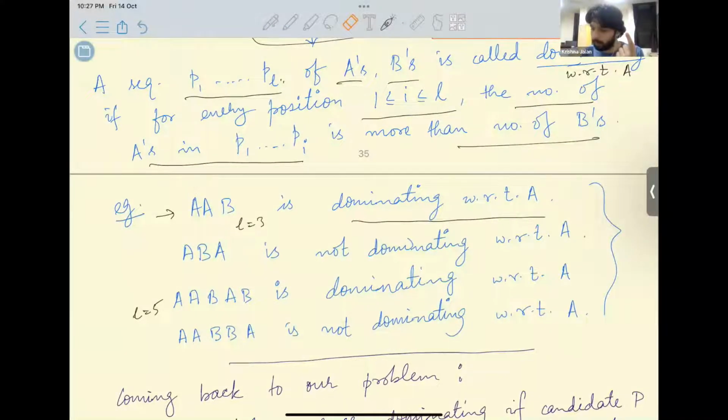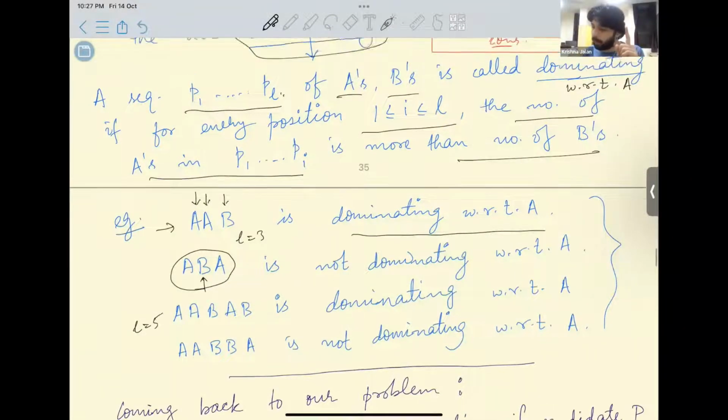The first position is A, that's good. The second position is A, that's also good. No B so far, so 0 B, 2 A. The third position is 1 B, 2 A, so I still have more A's compared to B's. But the second sequence here, ABA, is not dominating because at the second step, the number of A's and the number of B's are each 1.